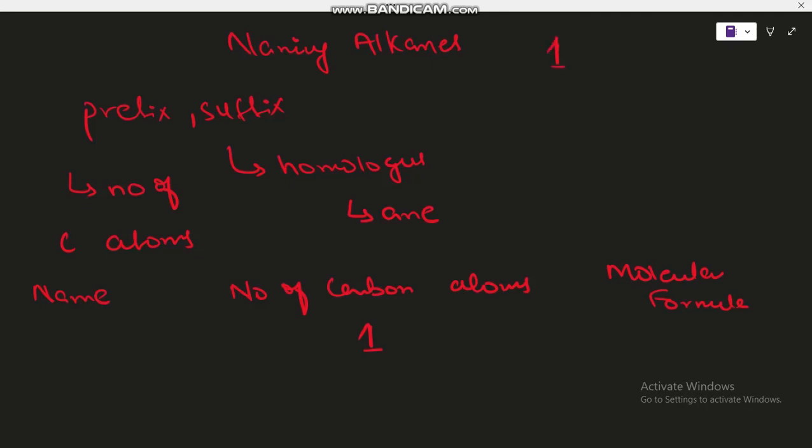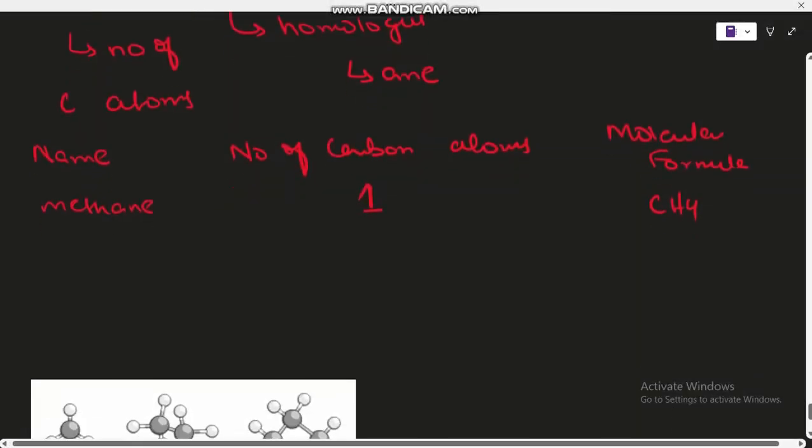Whenever the number of carbon atoms is 1, it's called meth, and since we are talking about alkanes, the homologous series has ane. So this now becomes methane. And the molecular formula is going to look something like this. We'll draw the structures as well in a while, but let's just look at how we name them.